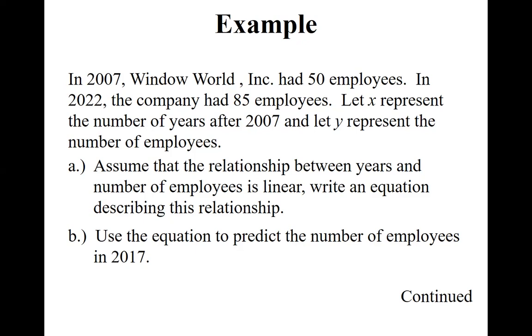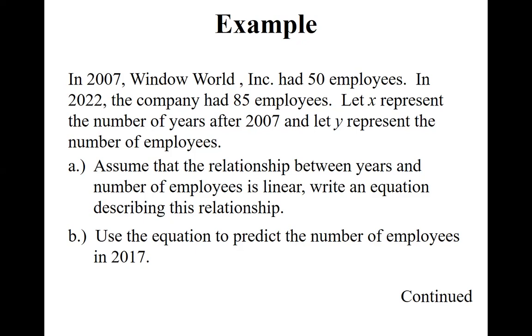So the first sentence gives us the point (0, 50). And then 2022, that's 15 years after 2007. So X would be 15, and the number of employees is 85. That would be Y. So (15, 85) is a second point.